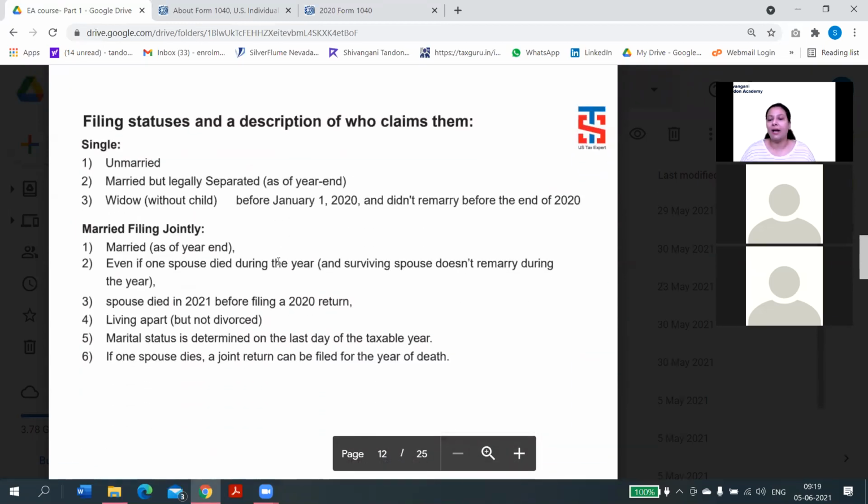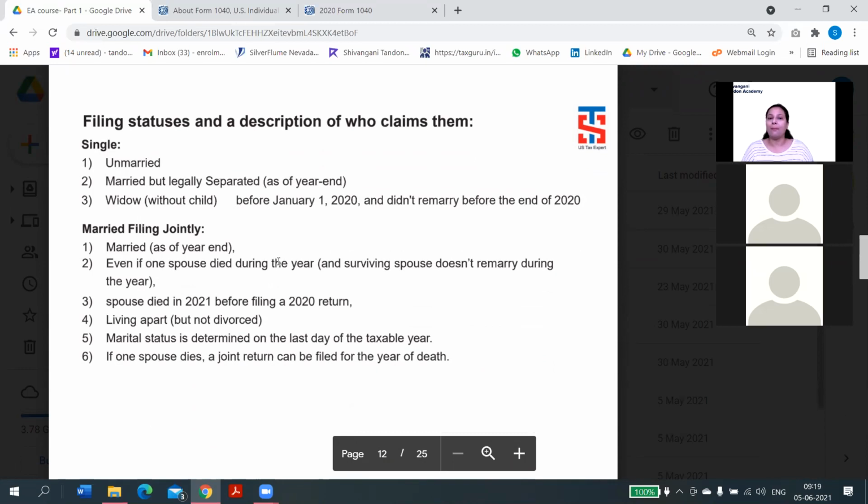Now we'll understand the filing status. There are 5 kinds of filing status. First one is single. Single filing status is applicable to any US taxpayer who is not married. I'm writing things in bullet points so that you understand. Unmarried means bachelor. Somebody who is a bachelor can opt for single filing status.